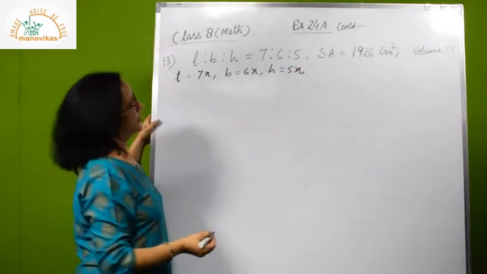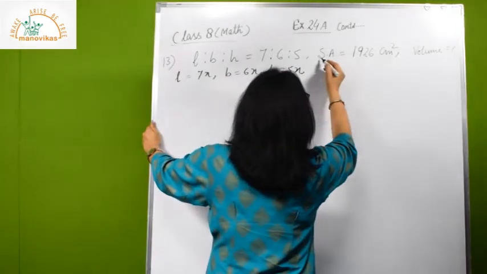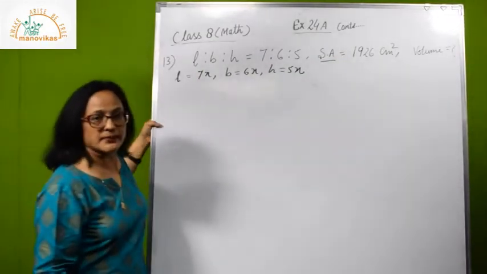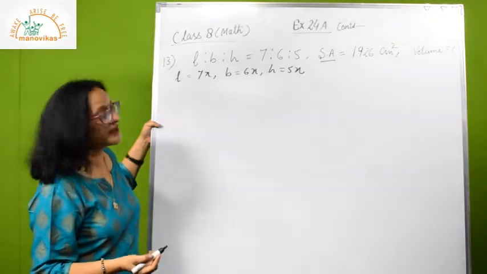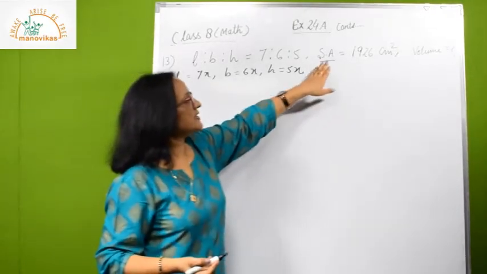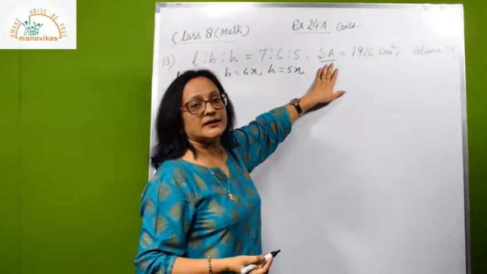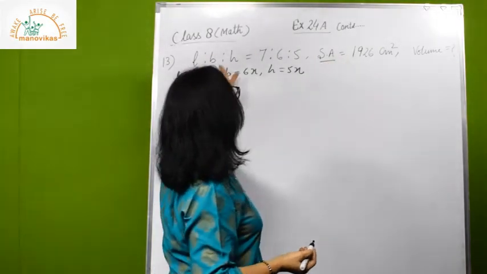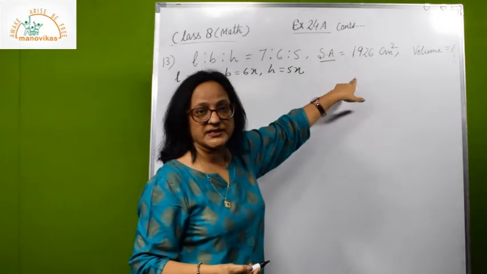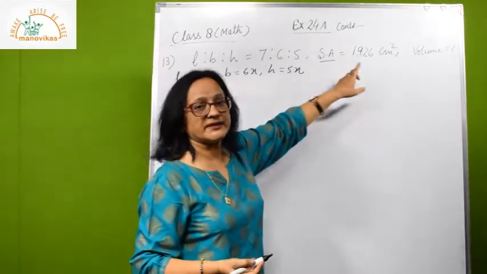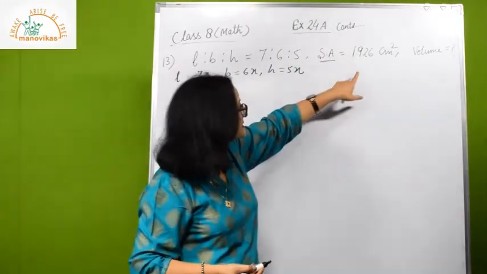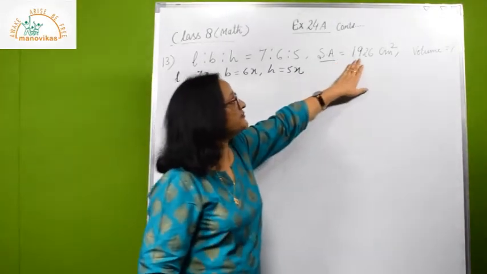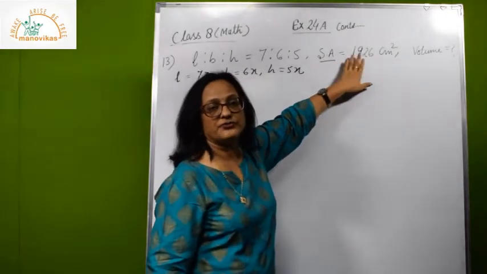Now surface area is also given. In the previous video I explained there are two quantities, dependent and independent. Here surface area is a dependent quantity. It is dependent on length, breadth and height. You can find surface area only if you know length, breadth and height of the cuboid. Whatever dependent quantity is given, first we will write the formula of that quantity.